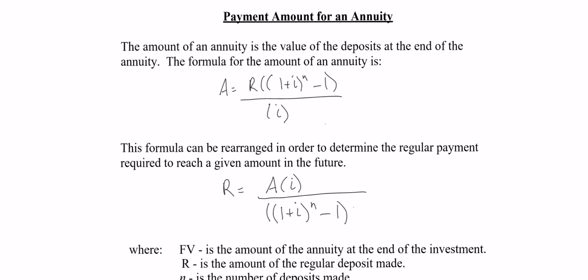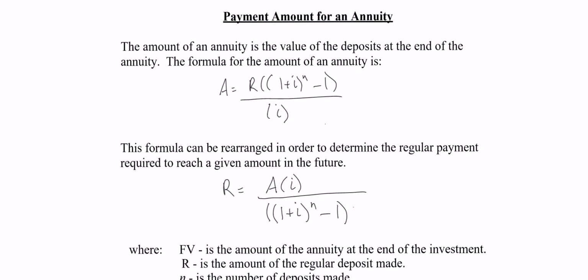So in order to find the payment for the amount of annuity, this is the basic equation: A times I over bracket 1 plus I to the n minus 1. All those definitions that we used before were exactly the same as before.